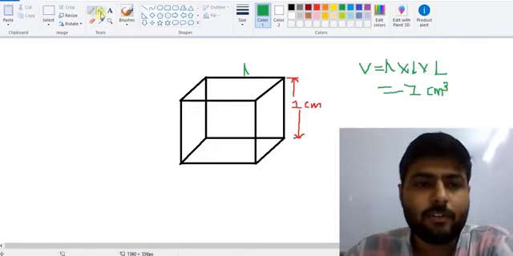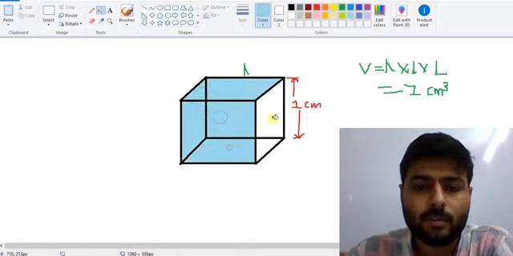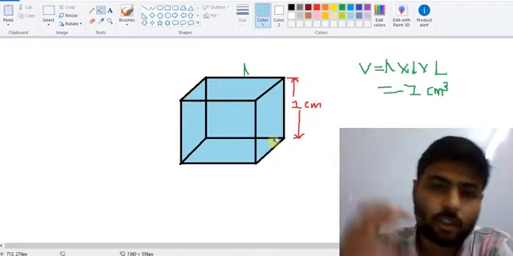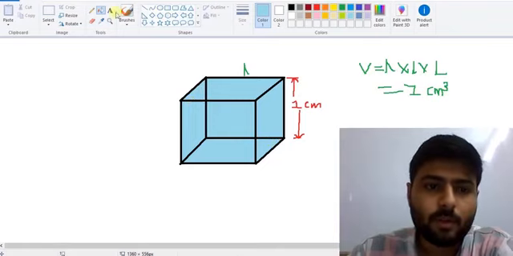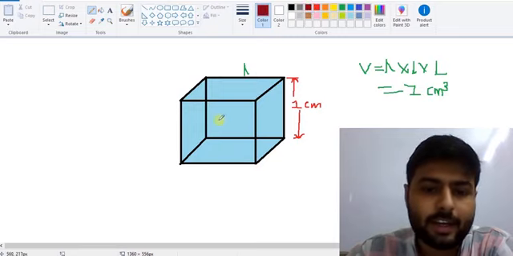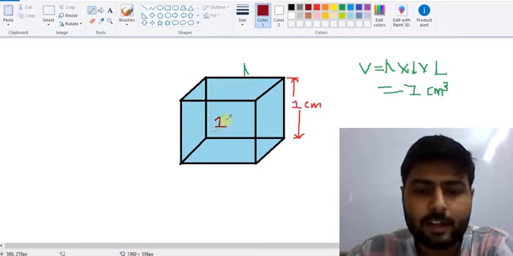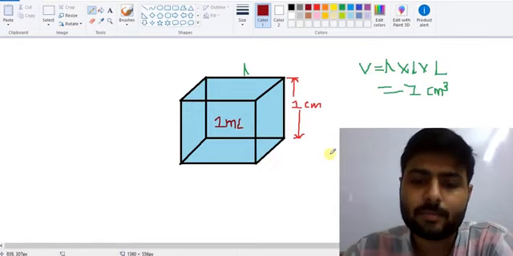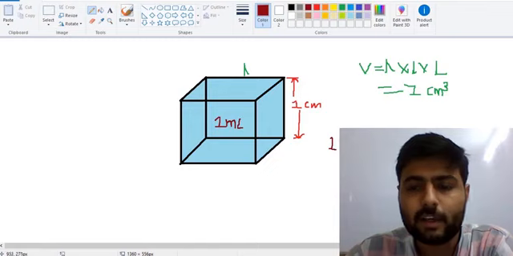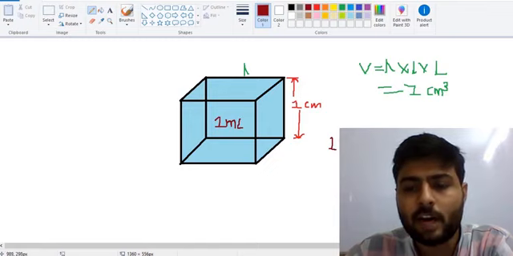Now let's say we fill this cube with water. So the quantity of water in this cube is 1 ml, 1 milliliter, and we know that 1 liter is equal to 1000 milliliter.